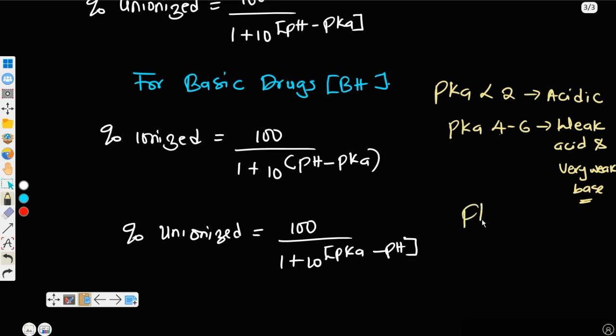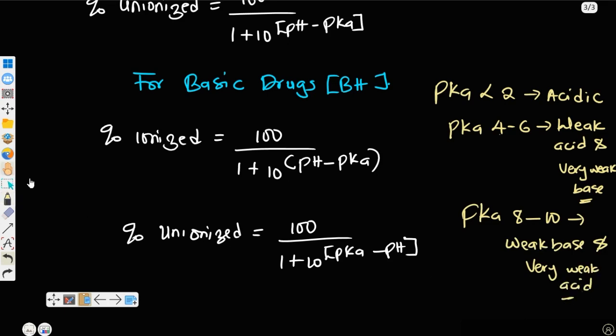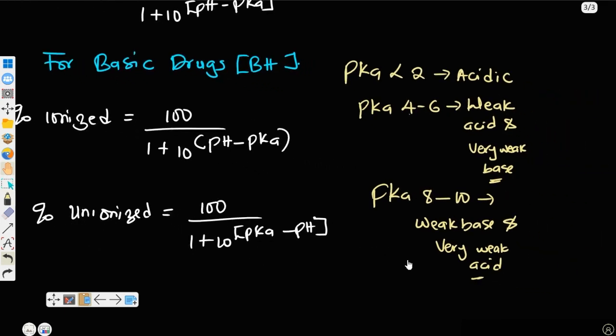Now, of course, you know 7 is neutrality, right? So we start from 8 to 10 is a weak base and a very weak acid. So if you classify it as a weak base and a very weak acid, what does it mean? It stands as a weak base, right?